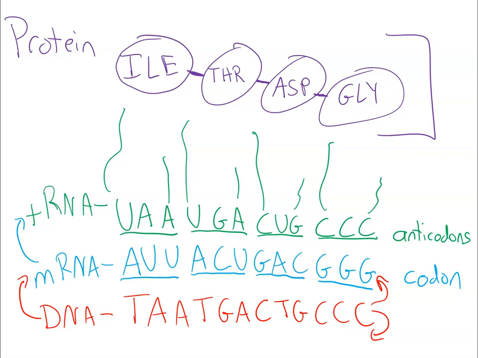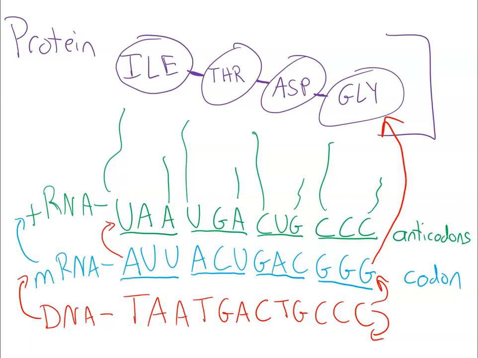That's just base pairing rules. Codon to anticodon. You should know how to do that, because that is also just base pairing rules. And also codon to amino acid, because that's just using the genetic code, which you should know how to do based on the previous video that we just did and this video here.